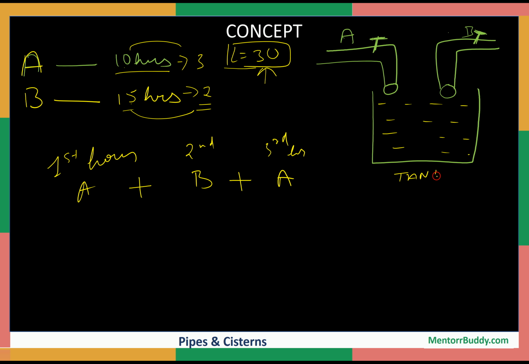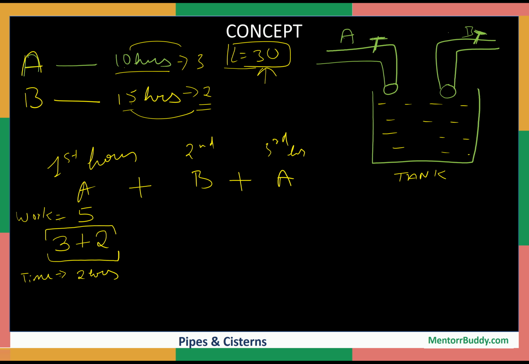Now it has been given that in the first hour A is working. How much work has A done? A does 3 work in 1 hour, so the work done by A is 3. Then in the second hour, the work done by B is 2. So altogether, the work done is 5 and the total time taken is 2 hours.